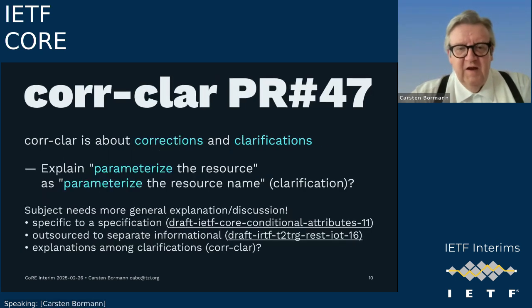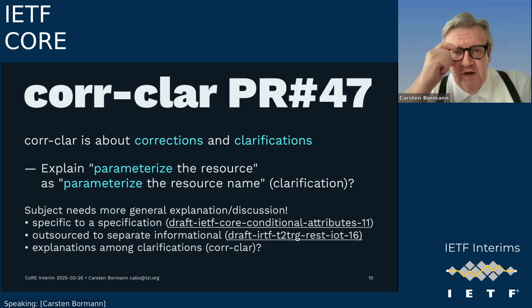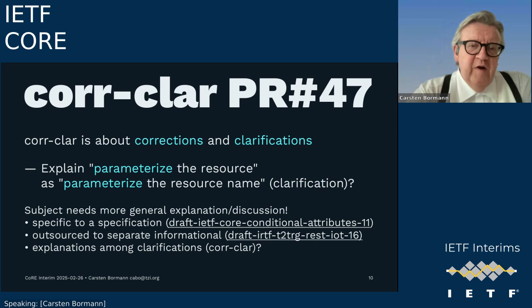Now, final slide, and the reason why this agenda item also has the corrections and clarifications document: while we were doing this text analysis of what the existing documents actually say, we found these places where the CoAP standard talks about parameterizing the resource.